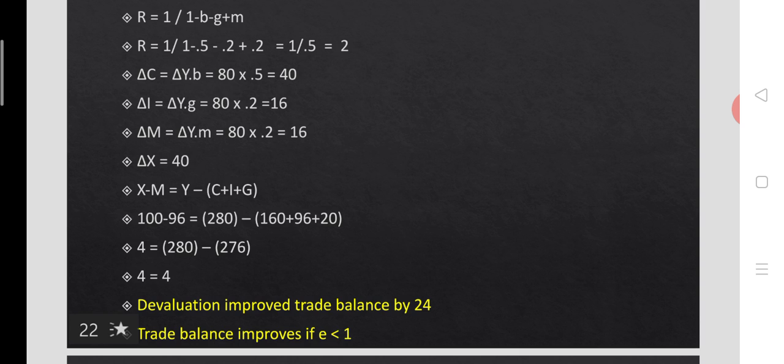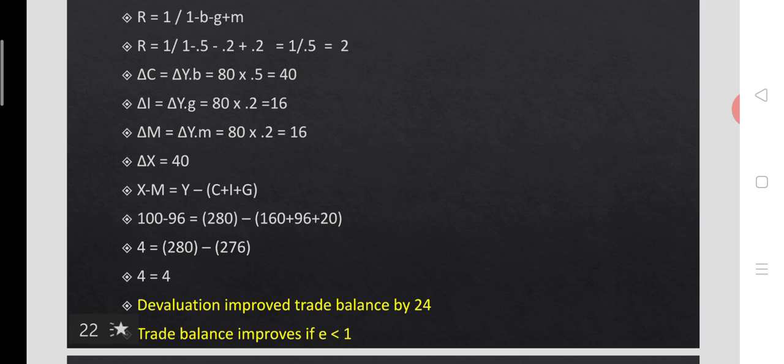Investment will increase, depending on the marginal propensity to invest. Import will be changing, depending on the marginal propensity to import. So we have to take all these values into account for measuring the effect of devaluation on the trade balance of the devaluing country.